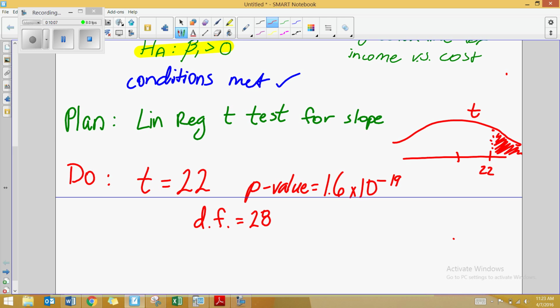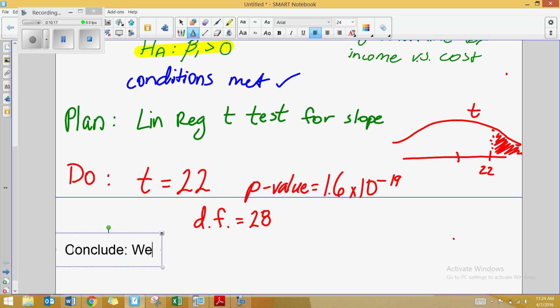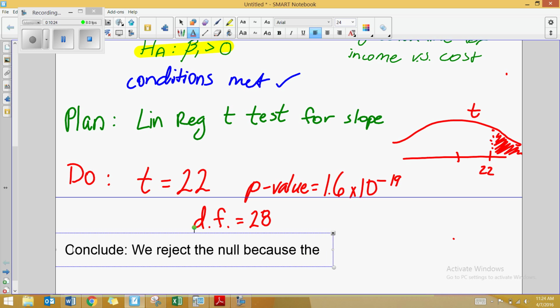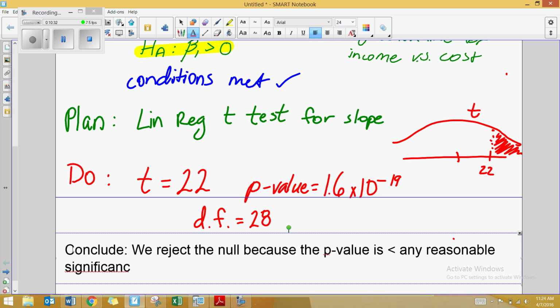So finally, we are ready to draw our conclusion. Okay, so I'll type this up, and again, just ask the sub to pause it if you need to slow down. Our decision will be to reject the null because that p-value is so small. And I'm just going to say that it's less than any reasonable significance level.